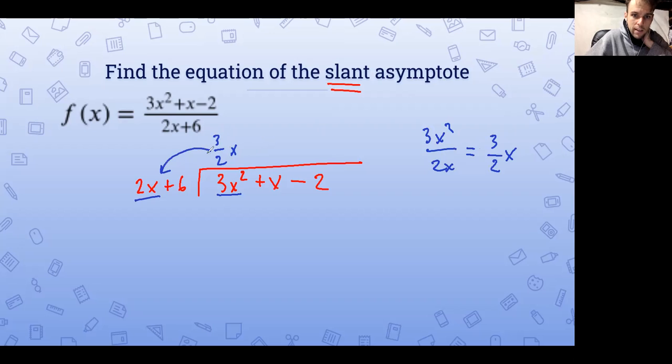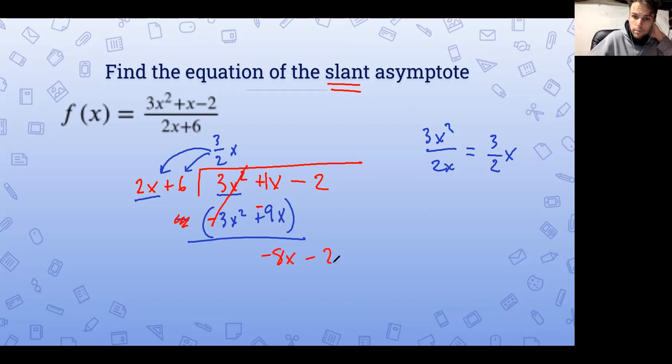Got to distribute that. That's actually going to be a bit of a pain. It's going to be 3x squared, 18 divided by 9x. And now we need to subtract that from our original polynomial. Distribute this negative. This becomes negative. This becomes negative. Okay. 3x squared minus 3x squared cancel. 1x minus 9x is negative 8x.